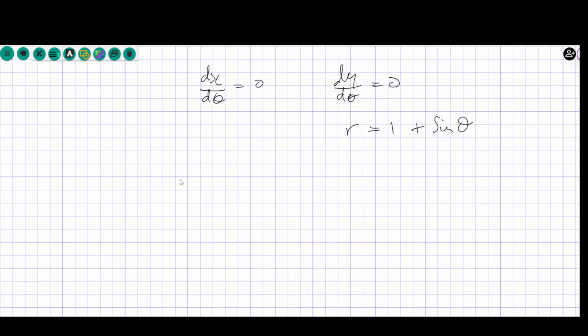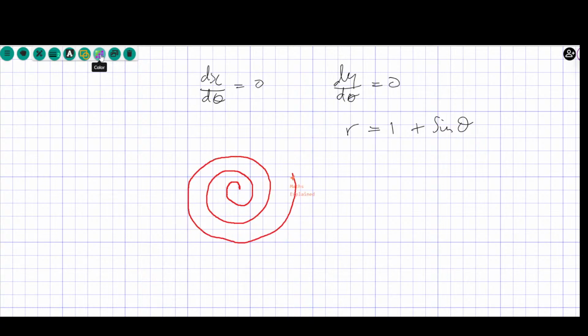So basically, I was just saying it's a different way of describing functions that might be neater for certain functions. Like if you try to describe this, let's just draw it. Yeah, it's an increasing distance away.